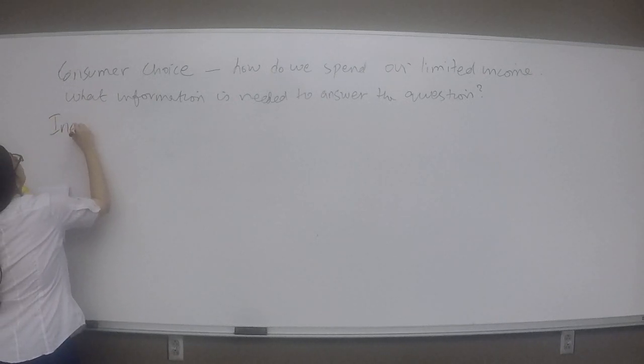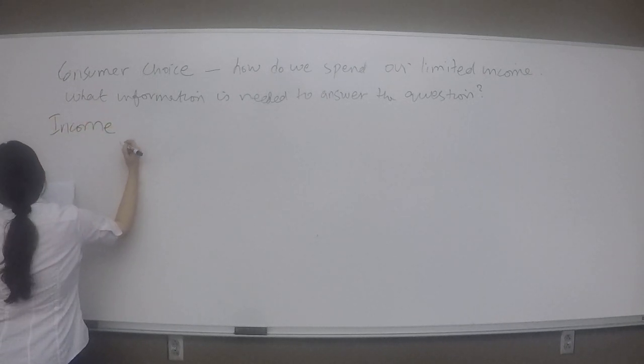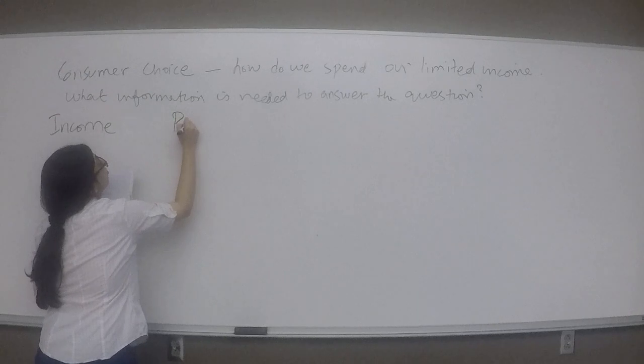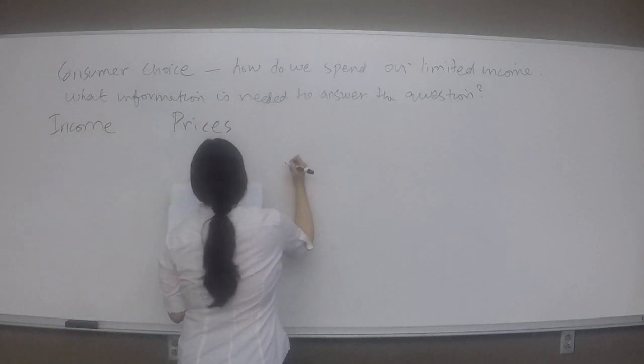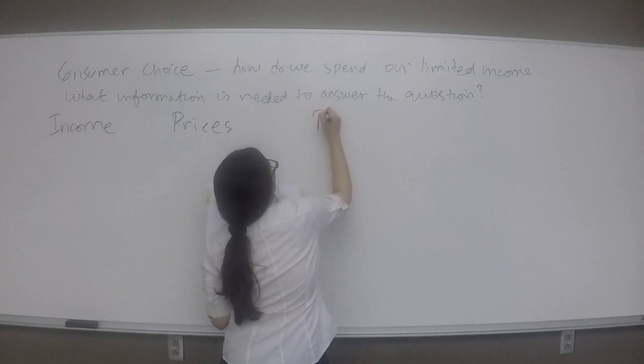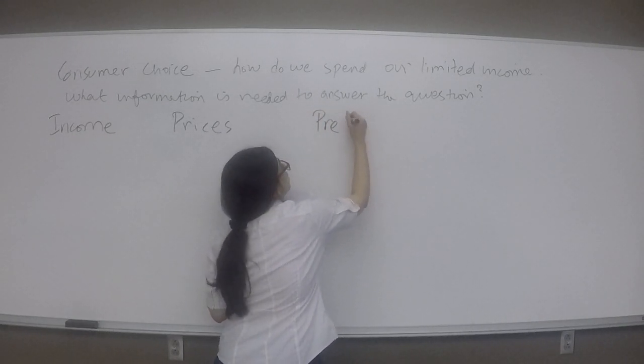Well, we need to know what the income is of the person. We need to know the prices of the products. And we need to know their preferences, what they like or what they dislike.